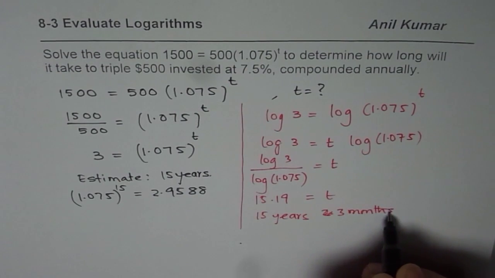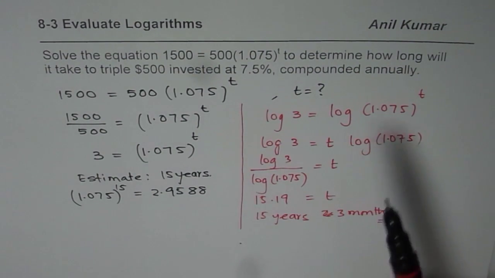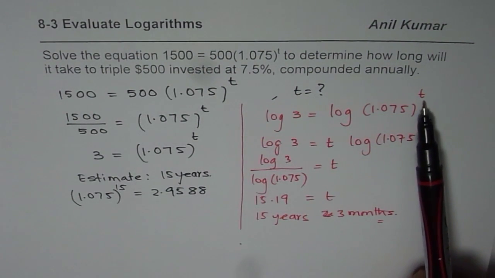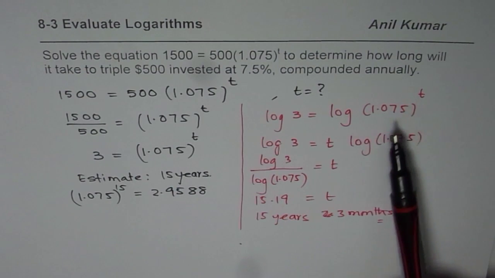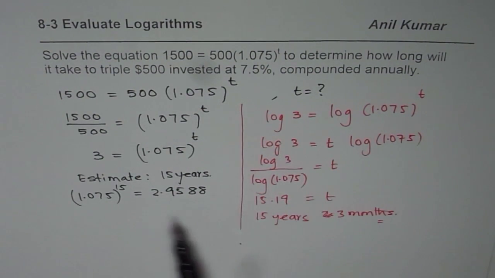Okay, now that is how you could solve this kind of question, correct? The idea here is to teach you that in case you know the formula, that is logarithmic laws, you can use log to find the answer. Otherwise, you can estimate.